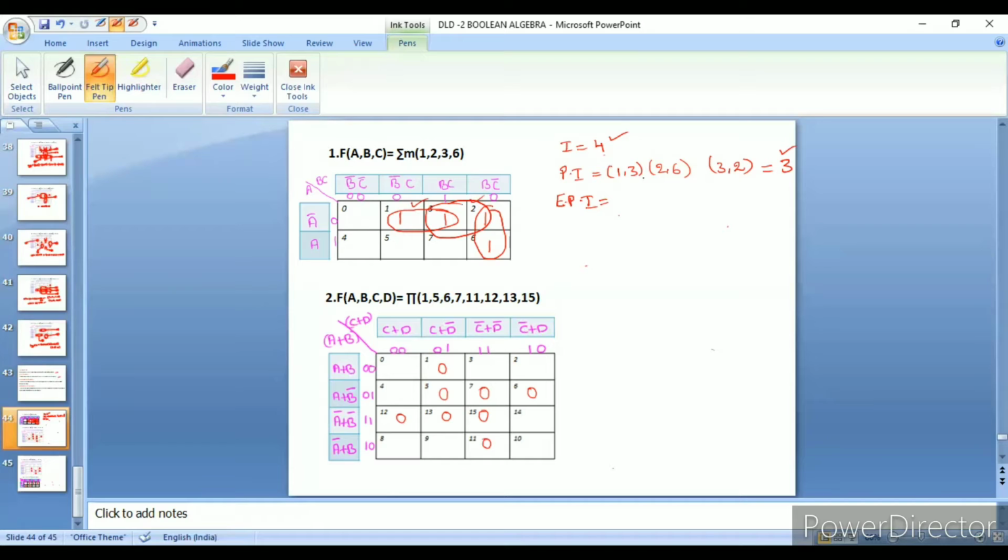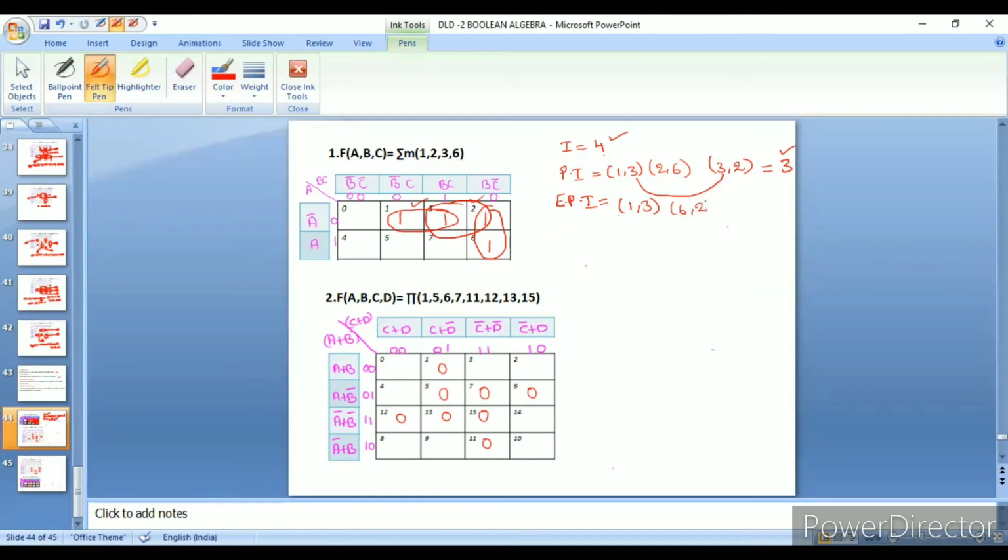Observe here, this is 1 and 3 and this is 2 and 3. This 3 is covered here, and this 3 is covered here. But this 1 is covered only one time. So particularly the essential prime implicant is nothing but 1 and 3, and similarly 6, 2.